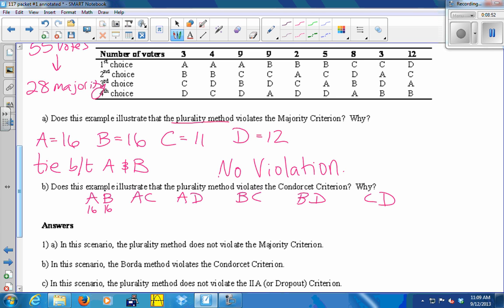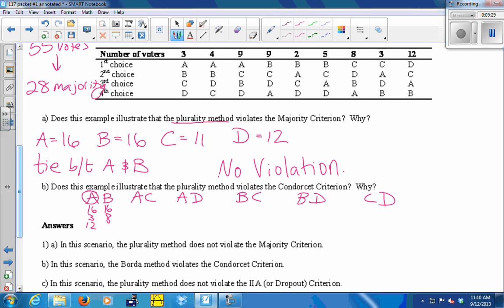Now the last 3 columns, they don't have A or B in first place, but they still are going to be forced to choose A or B. So these 8 people would choose B because they have B ranked above A. And these 3 people would choose A because they have A ranked higher than B. And the last 12 people would also choose A. So we're going to have 8 more for B, and then 3 more and 12 more for A. So that means that A is going to end up with the more votes. Okay, so A wins that matchup.